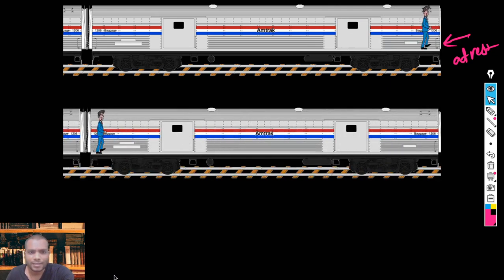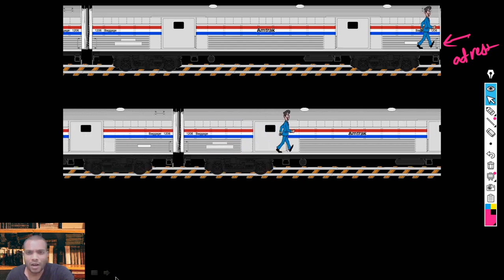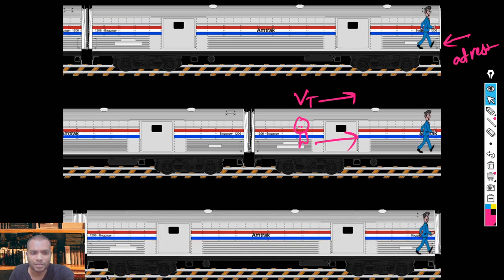Suppose in the second case, the train is moving forward and you are moving in the train. So in this case you have velocity. So this is the velocity of the train in the forward direction and your velocity. So in the second case it looks like you are moving faster. So let us see the third case.